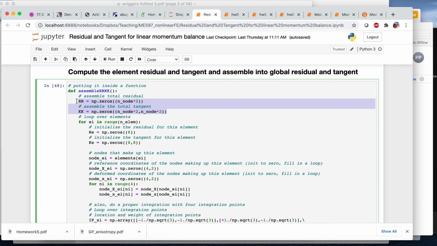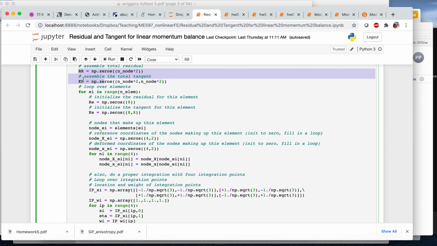But because we have the weighting functions or the variations to be 0 at those nodes, then the product of the variation times the residual is 0, but the residual itself that we're going to calculate is not going to be 0. So at the end of the day, we have to split this total residual and this total tangent and get only the part that we need.